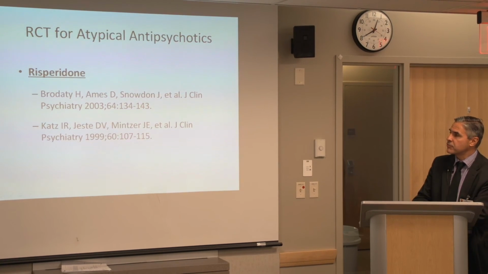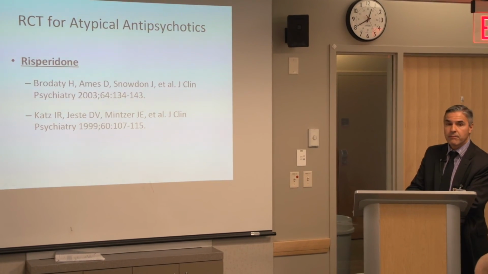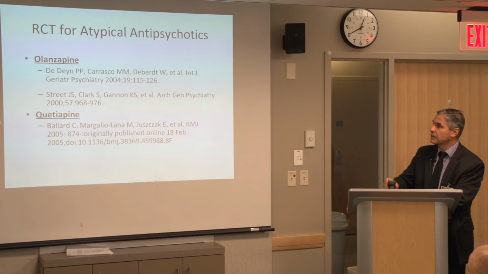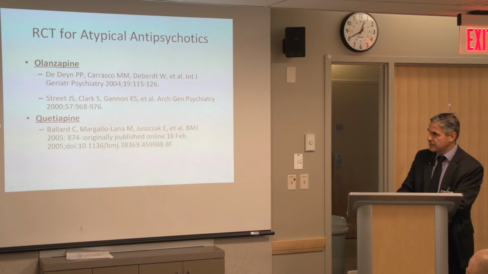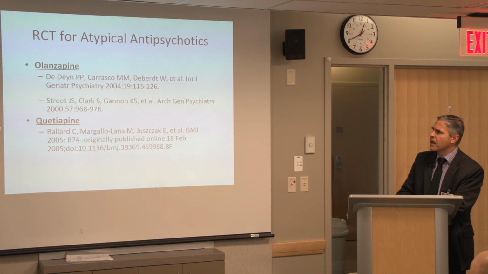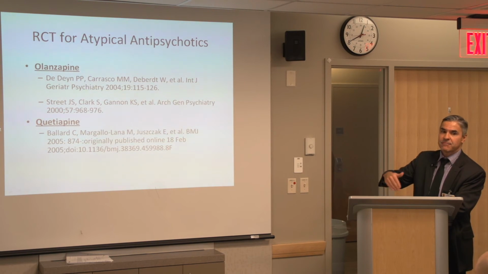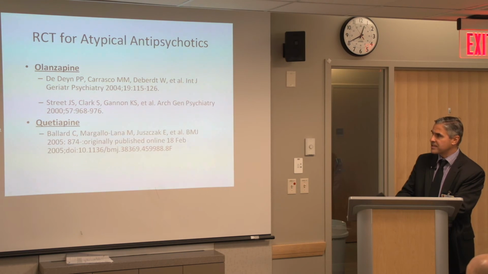So 2 published risperidone trials, both positive studies. 2 published olanzapine trials. 1 positive and 1 negative, but the secondary analysis of the data was positive for psychosis, specifically for delusions. 1 quetiapine trial, negative trial.